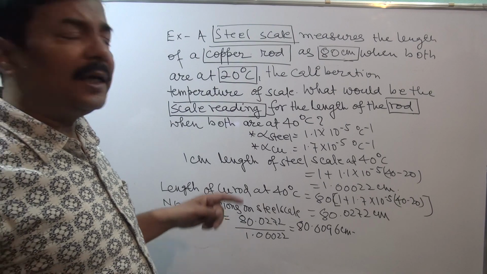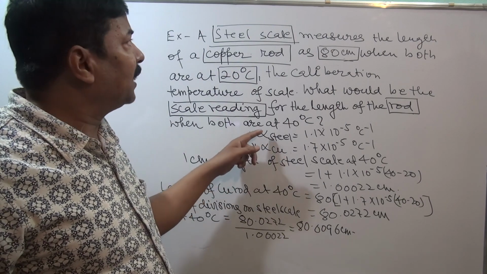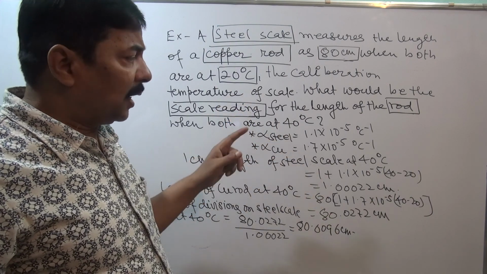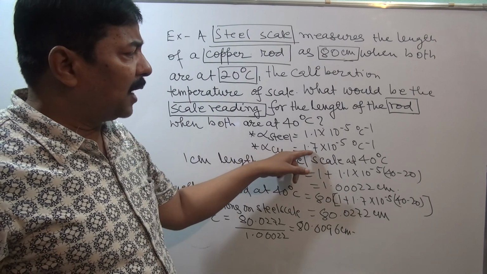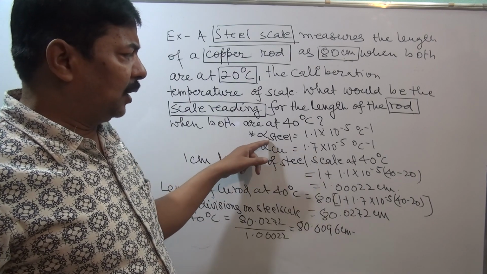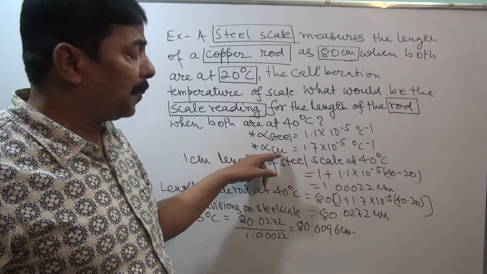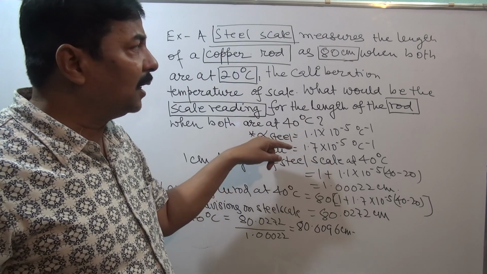What does it mean? It means that the rod is also expanding and the scale is also expanding. Now you see, for the copper rod alpha is more, for the steel scale alpha is less. That means the copper rod will expand more and the steel scale will expand less.